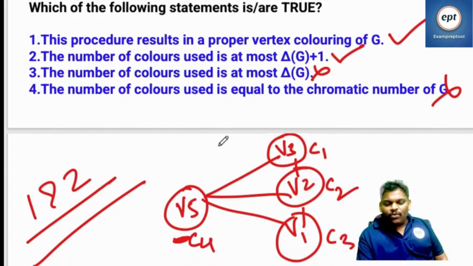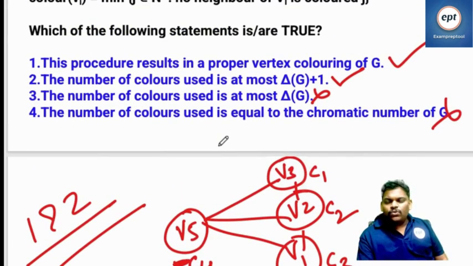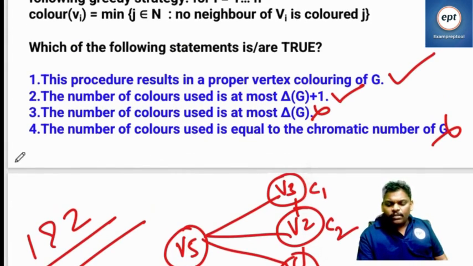Which of the following statements are true? Answer is 1, 2. So listen everyone now. Last year or the year before, this question came. Many people took 4 also as true. It is a MSQ.